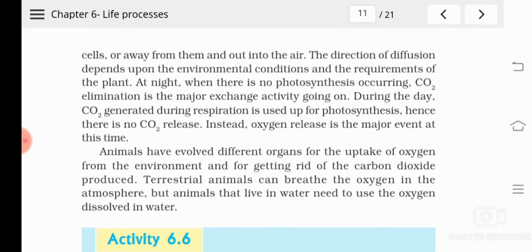Animals also have different organs for the uptake of oxygen and for the release of carbon dioxide. Terrestrial animals can take oxygen from the atmosphere directly, and the animals or plants that live in water take dissolved oxygen, means oxygen dissolved in the water will be taken by the aquatic organisms.